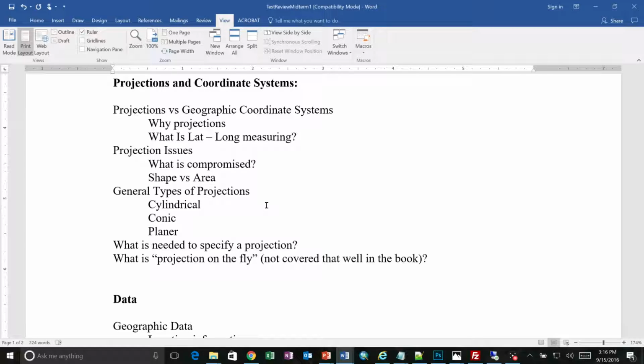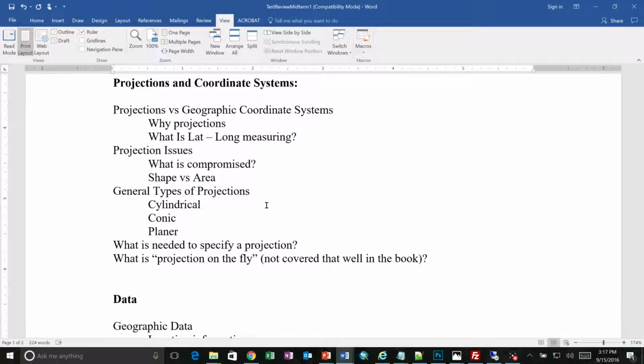If you're doing a projection, you need to specify the developable surface and the units on top of that. And there's lots of things to specify inside of the developable surface, like where the origin is, and if there's 2 lines of tangency or 1, but there's no questions on the test about that. So if you know those 4 things, and generally what they are, then you're fine.